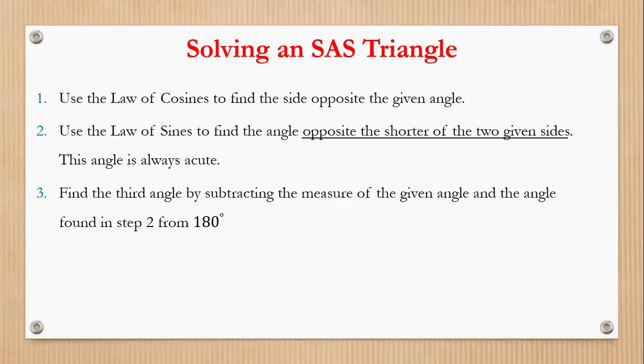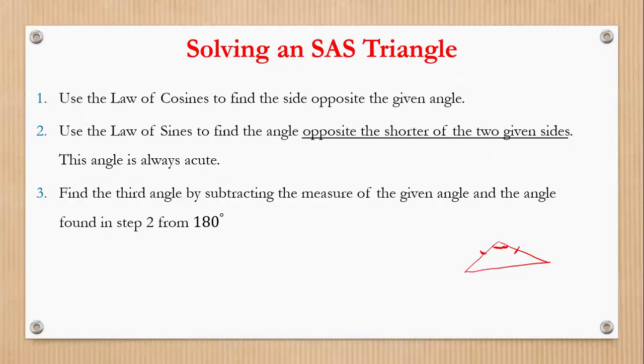Let's see how we can solve an SAS triangle, which means a triangle where two sides and one included angle are given to us. When we have SAS, we have an angle which is between the two sides. For example, we have a triangle where these sides and this angle in between are given to me.